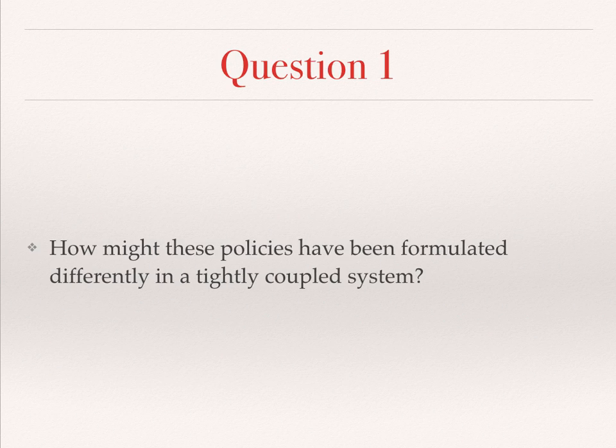So going back to the question, how might these policies have been formulated in a tightly coupled system? To me, if we're looking at a reformation of an act, or reformatting legislation, we really have to take a look at how those policies interact with each other and how they affect the greater good, for a better understanding of why they need to work better.